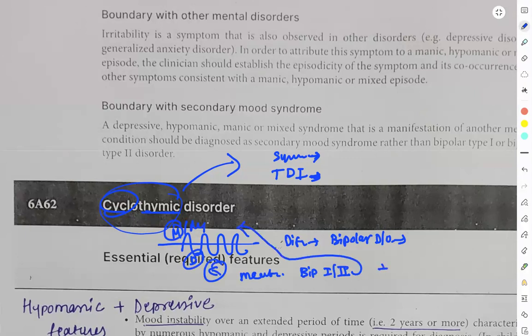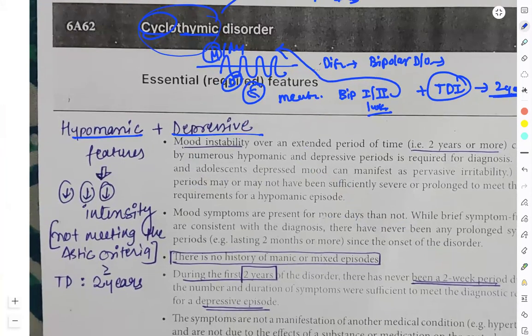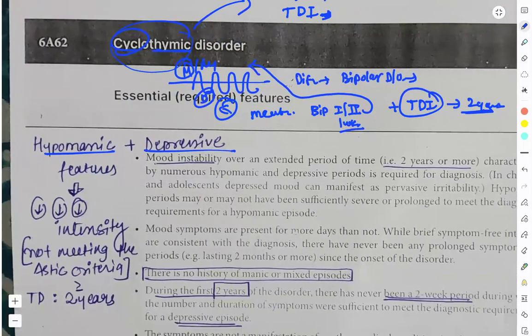Plus, not only this, the total duration of illness is quite more. It was just 1 week here, and it is 2 years here. So the features of hypomanic and depressive episodes would be present. It's not manic, it's only hypomanic episodes.